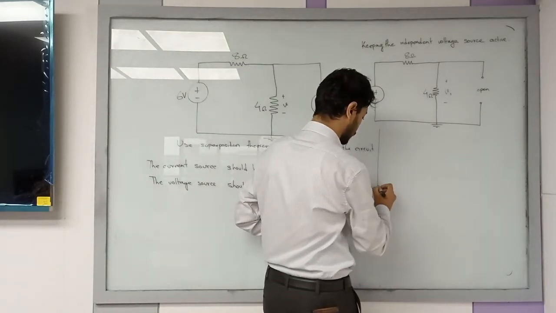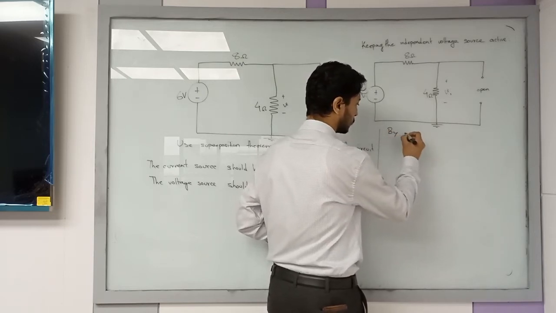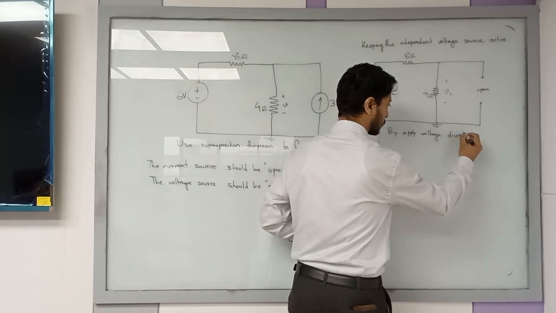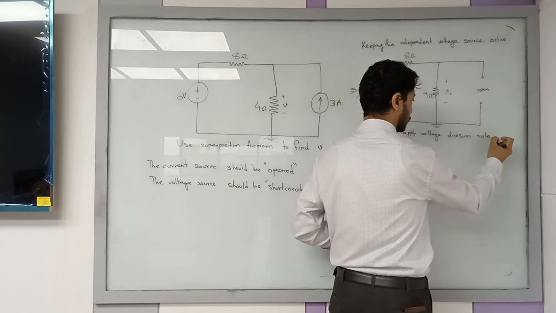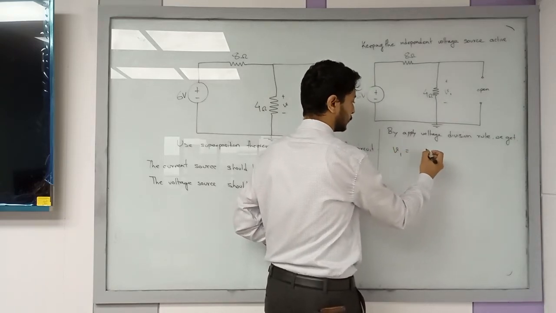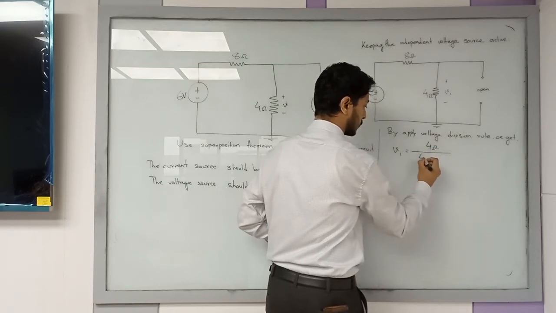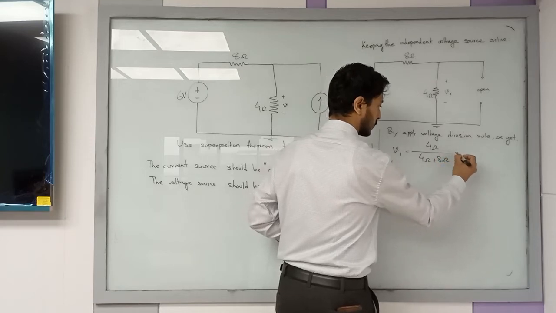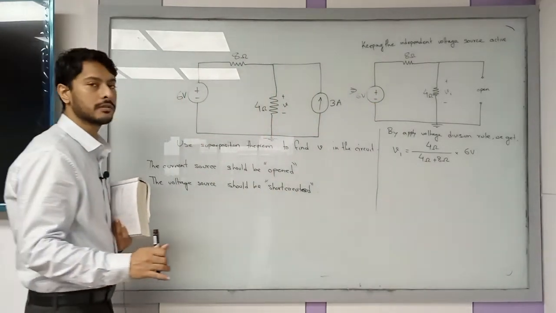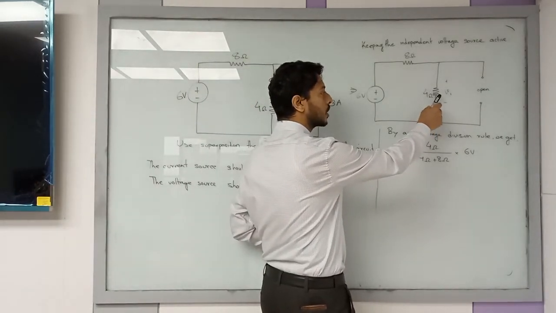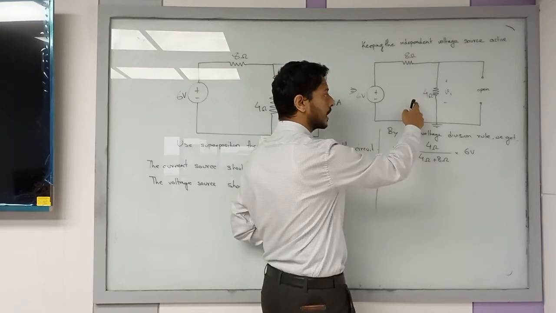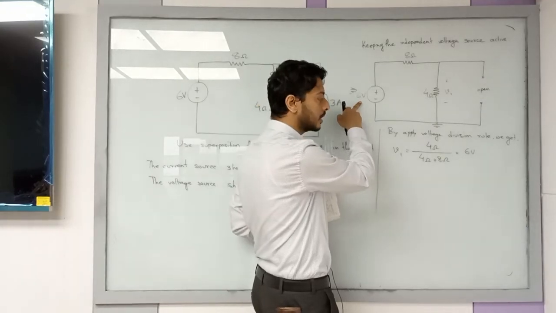So if I use voltage division rule, বুঝতে পারছো এটা ভোল্টেজ ডিভিশন রুল। If I want to find a voltage across 4 ohm, we have to take that resistance divided by the total resistance of the circuit times the supply voltage. That was our voltage division rule.